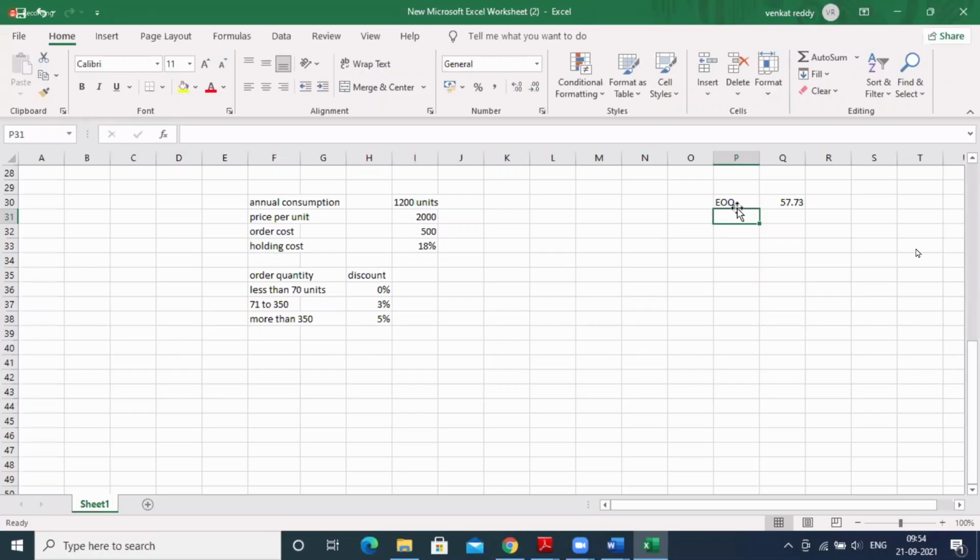Now, in this case, what should be the next step? I hope all might have got the same answer, 57.73 as EOQ.